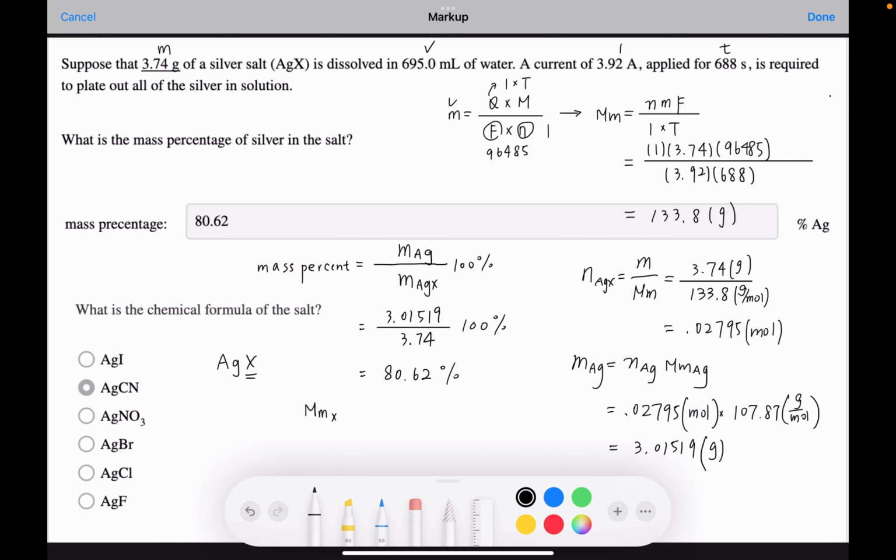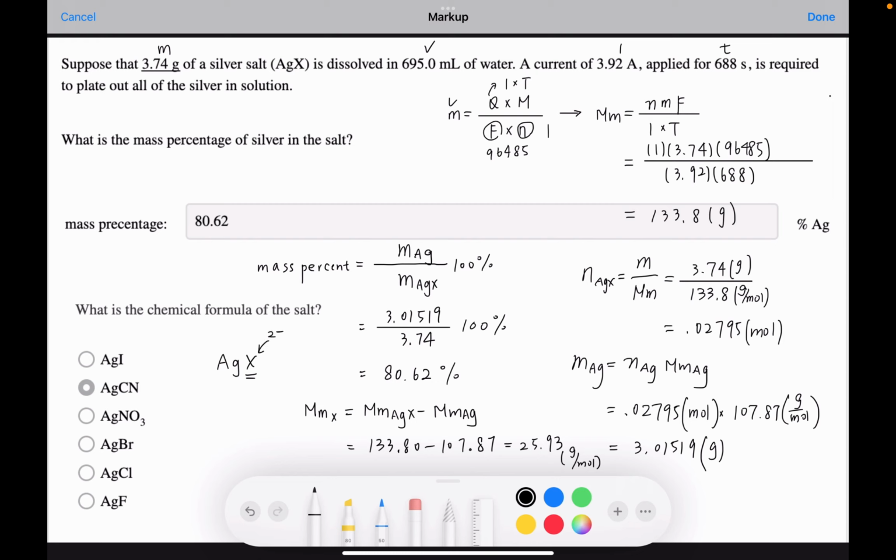The molar mass of X will be equal to the molar mass of silver salt minus the molar mass of Ag. So we will have 133.80 minus 107.87. So we will have 25.93 grams per mole. And this is the molar mass of X.